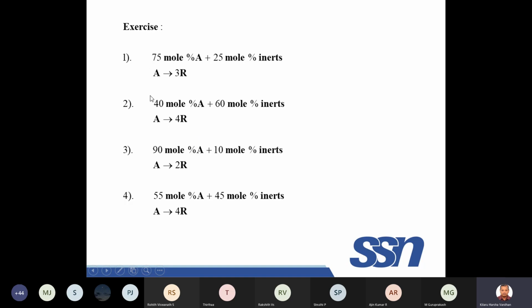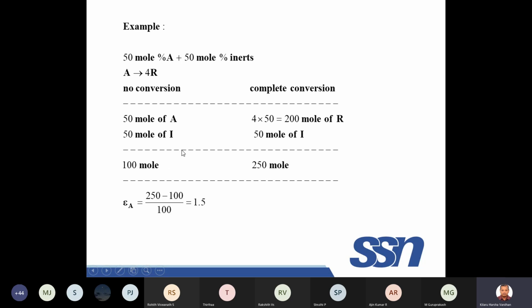So like this, you have to do. Here itself, let me show you how to do this. Please write in your notes so that it will be easy. A is giving you 4R, with 50% of A and 50% inerts. V at Xa equal to 0.